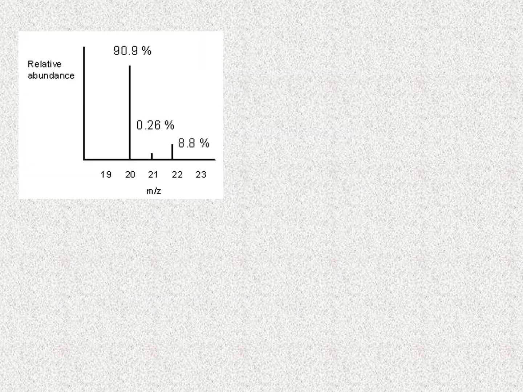So to do the calculation here, what you do is you take the percentage of the first isotope, which is 90.9, and you times it by 20, which is the mass of the first isotope.